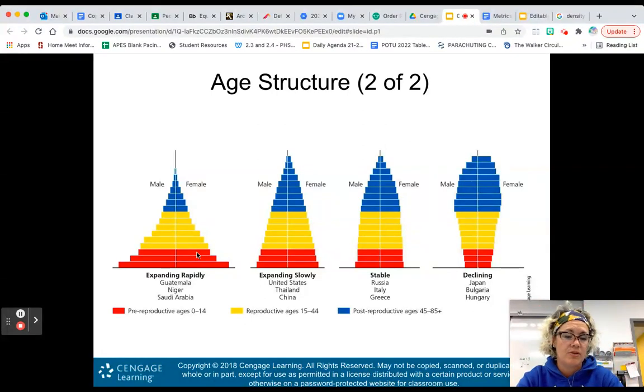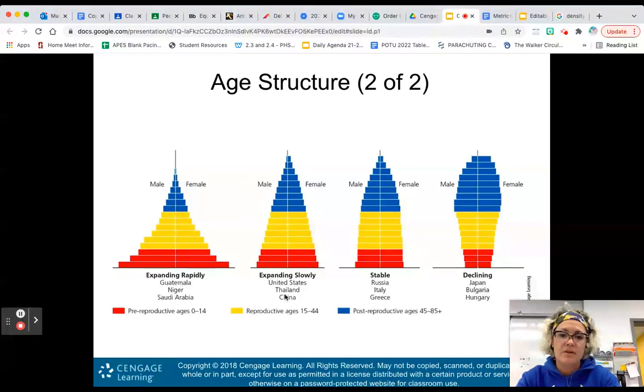In a stable population, you see the sides squeeze in, and you almost get a linear relationship in the reproductive and the pre-reproductive years. And then a declining population, where the trend is angling in, where there's less and less of a particular younger age, and that's indicative of a declining population.